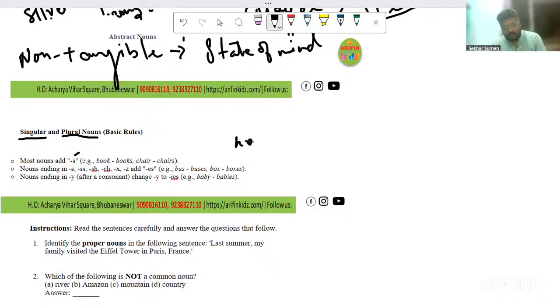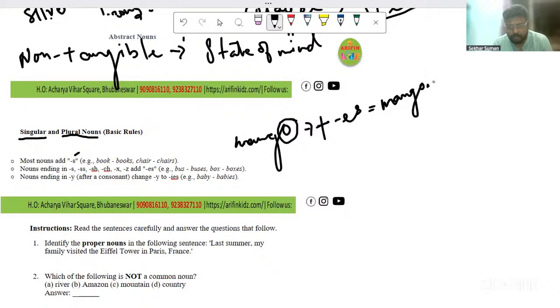Singular, mango. So as has been suggested, it ends with O. Over there also we will add ES to make it a plural noun, mangoes. Right? Potato, tomato, right?